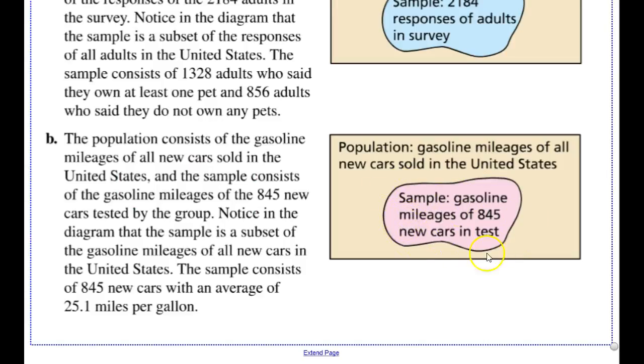Again, I can see that I'm testing a smaller piece than everything that is possible. If I was to get data on all new cars sold in the United States, that would be my population. But it's a lot harder to get data on populations than it is samples. And we'll talk about this in coming weeks: what makes a good sample, what makes a bad sample, and things that we can look at there.